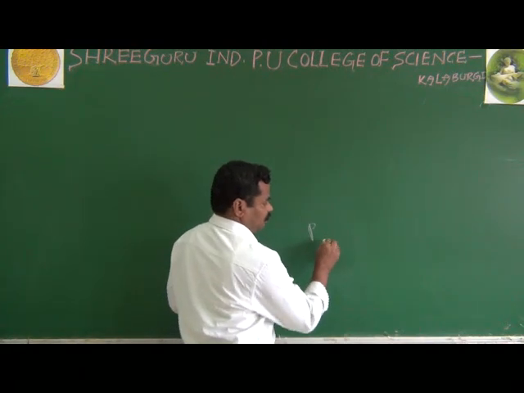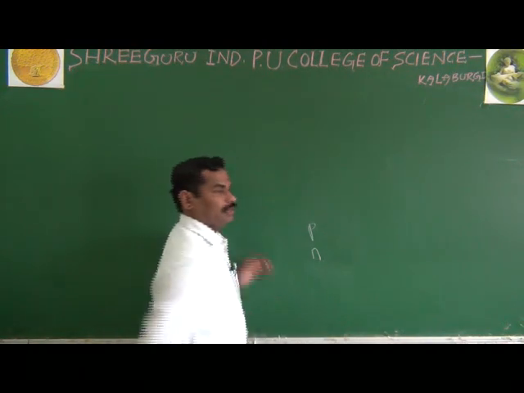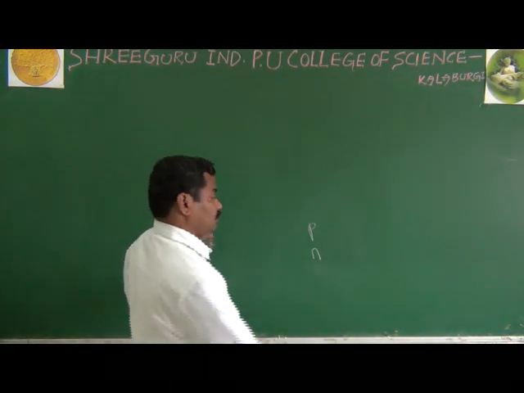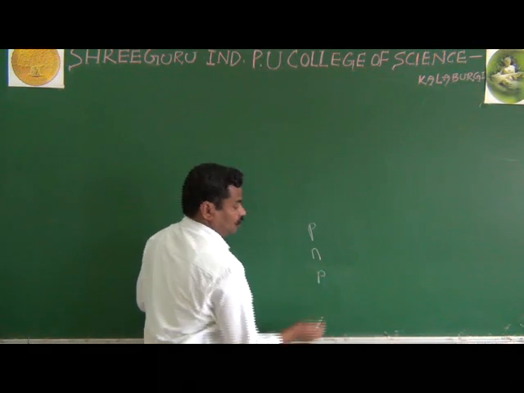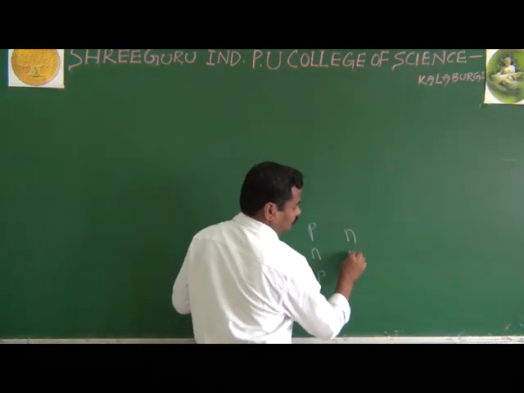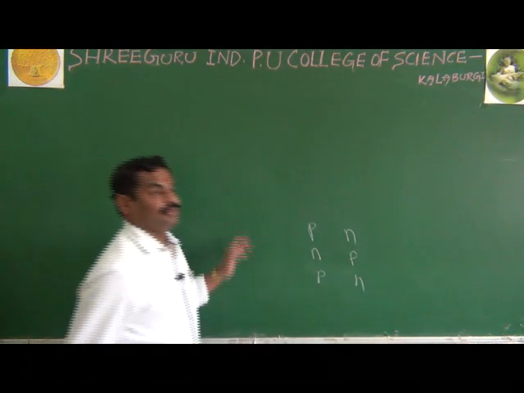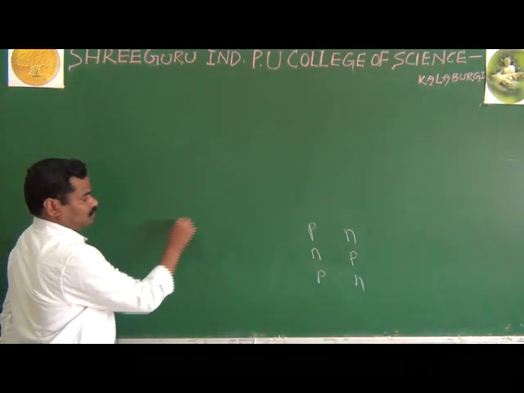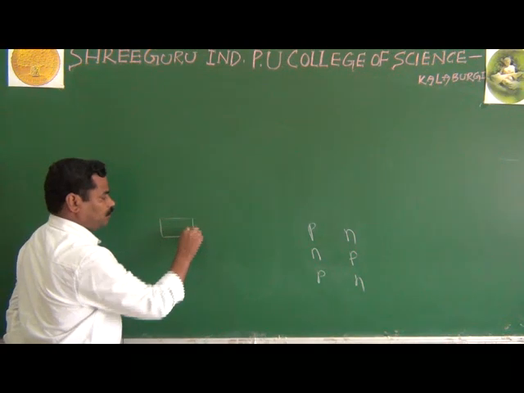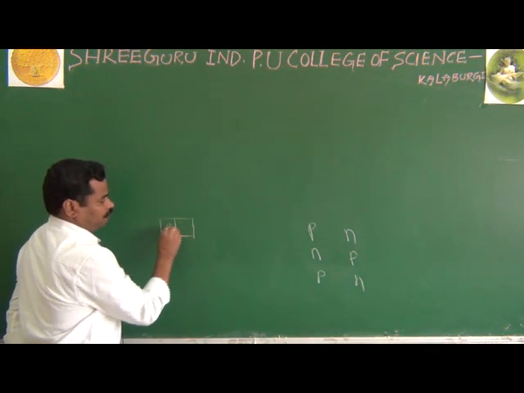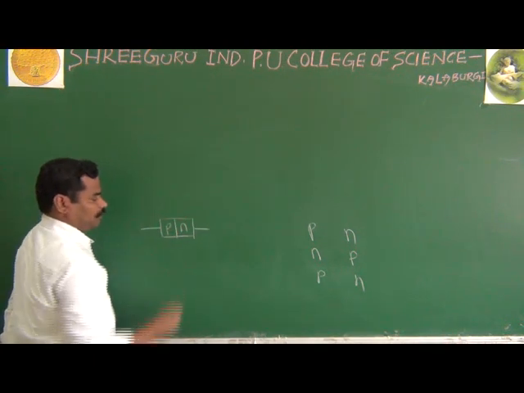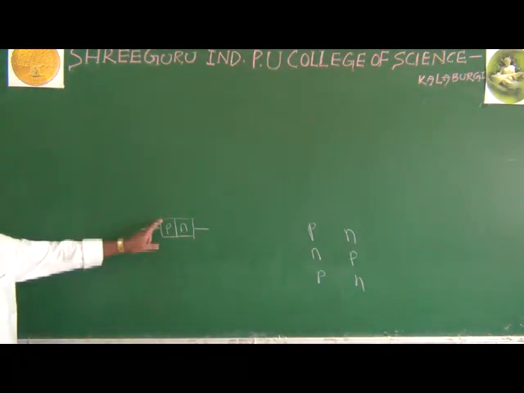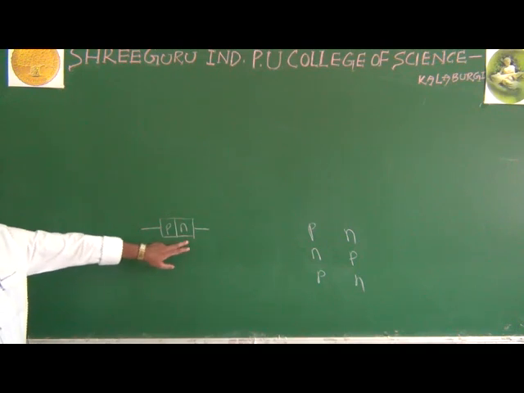But in the transistor you use another P, or another N. This is the block diagram of a diode: P and N. It means you are using only 2 types of semiconductors, one is P type, another is N type.